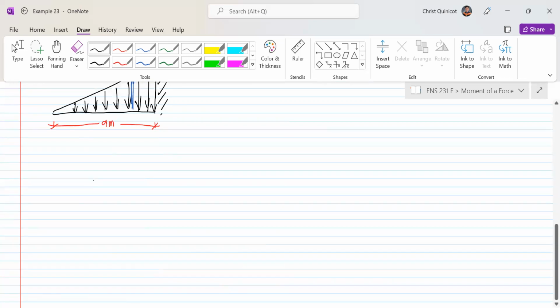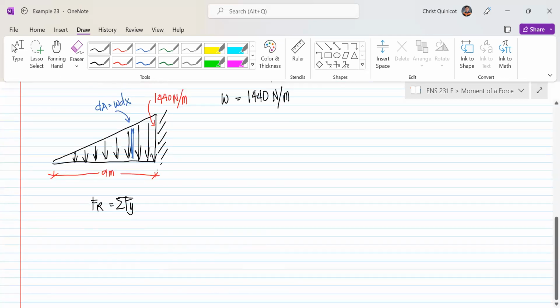Then F sub R is equal to the sum of all forces in the Y. I don't have to assume the direction of our resultant force because there is no other force present other than the distributed loading going down. But it's up to you if you assume upward positive.